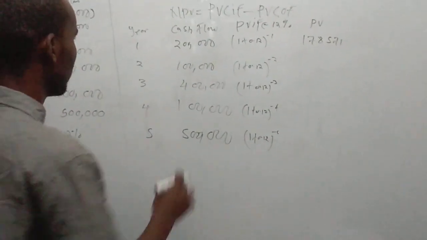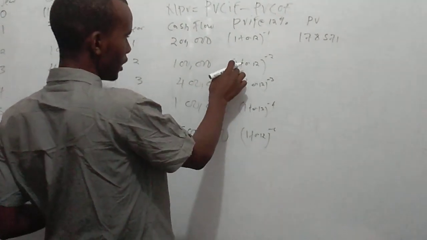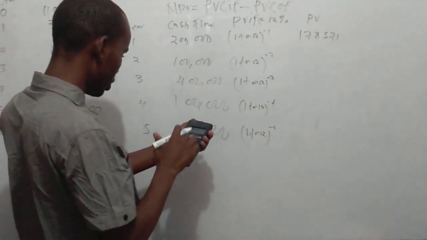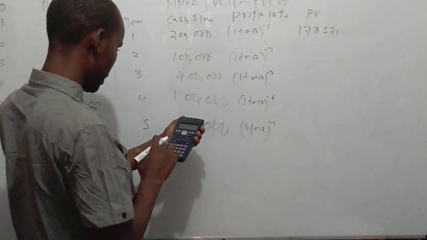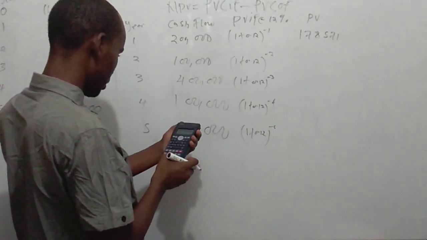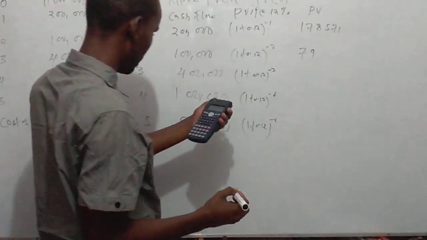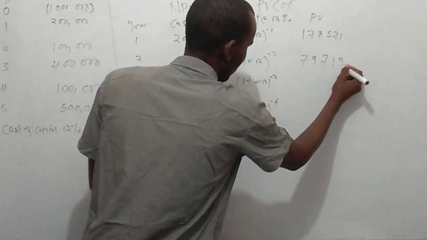Next is 1.12 raised to negative 2, then I multiply with 100,000. I'm getting 79,719.